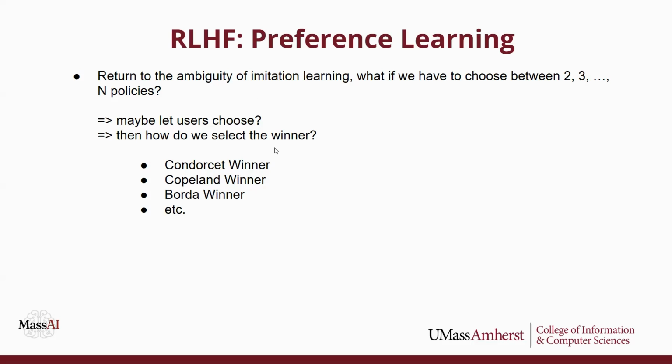For Condorcet, the idea is that if a candidate wins against every other candidate, then it's the winner. For the Copeland winner, if a candidate has the highest win rate among all the candidates, then it's the winner, etc. The list can go on, and you can define the score for each of the candidates in a very different way, and it's also dependent on the model that you are trying to learn.